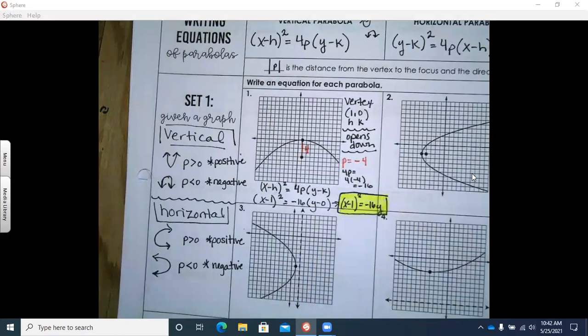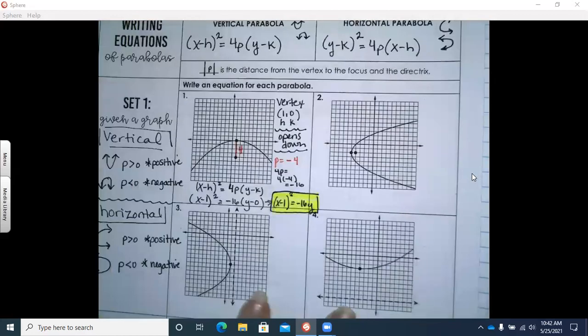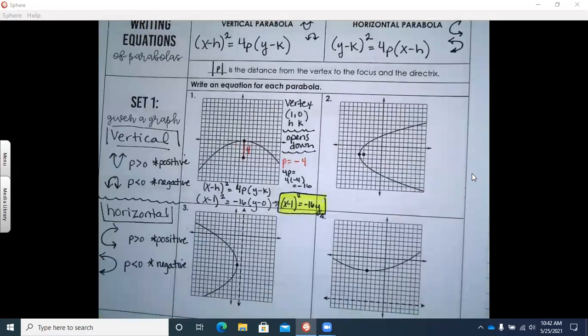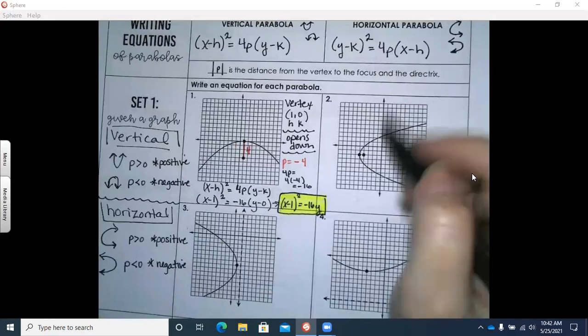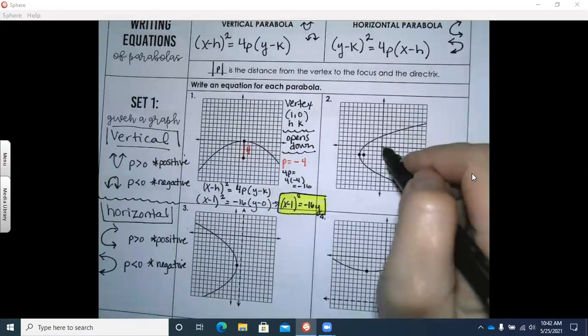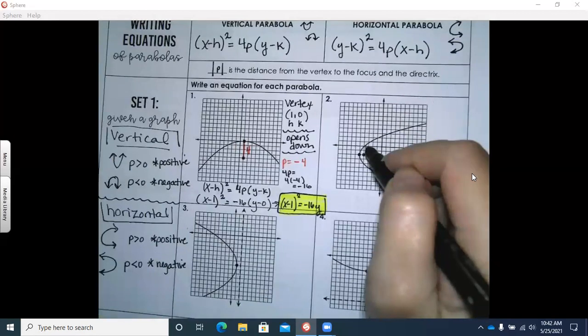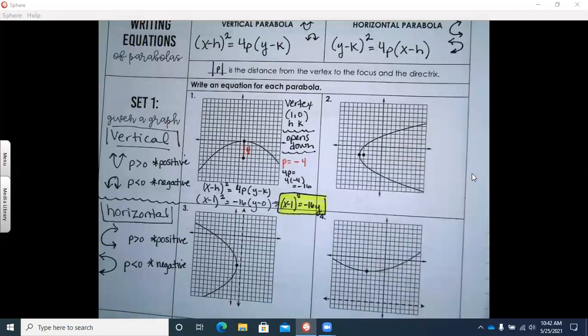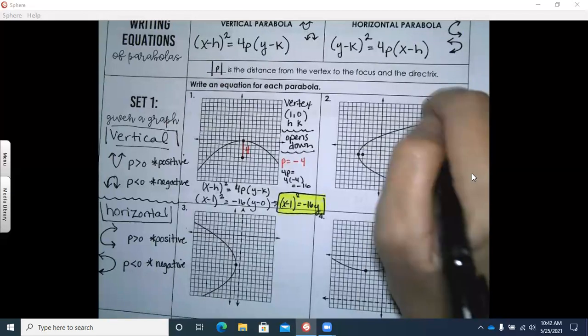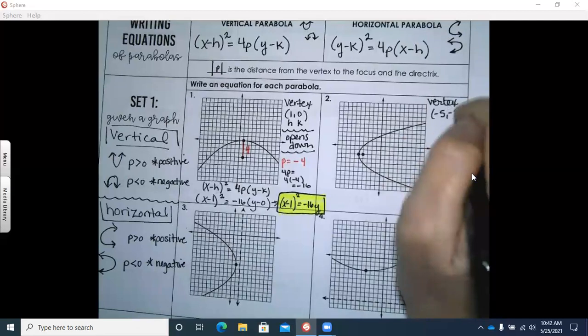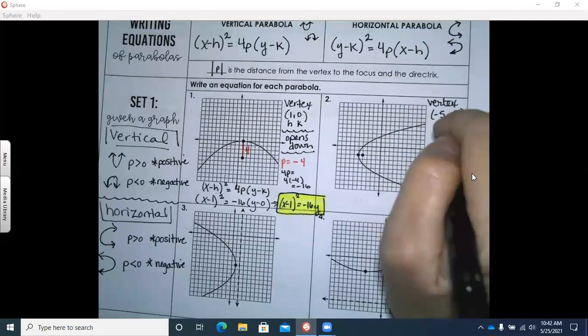Okay, number 2. Let me figure out what my vertex is. So my vertex, -1, -2, -3, -4, -5, comma, -2. So h is -5, k is -2.